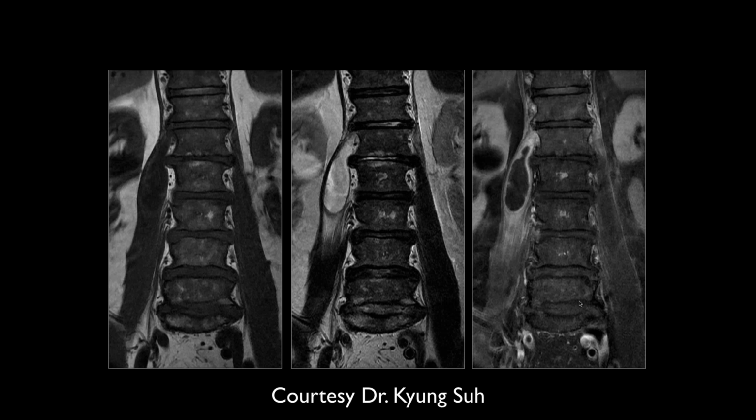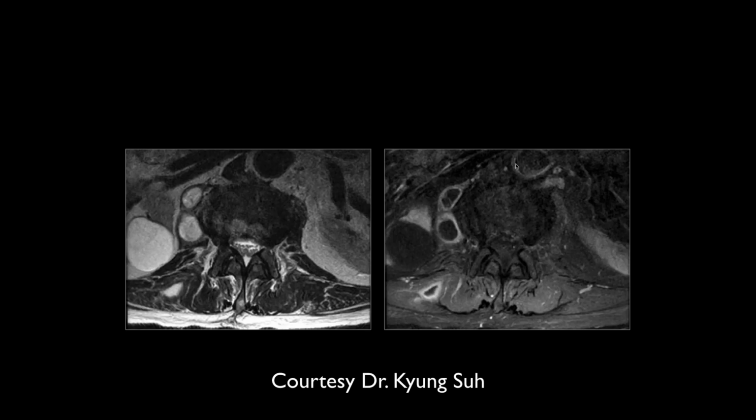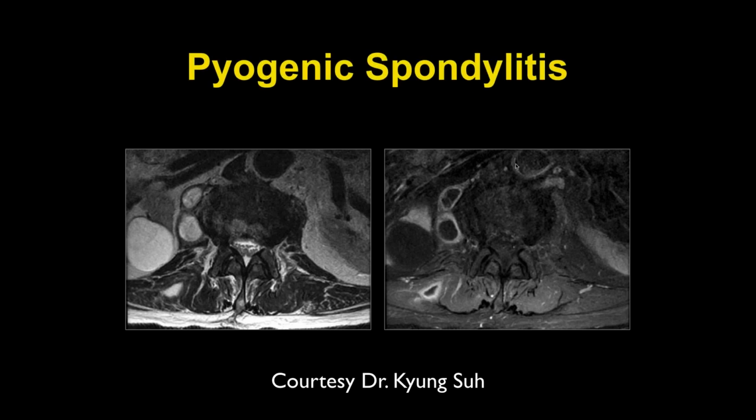And here in the right psoas muscle, looks like there's a big abscess. Similarly on the axial images. Yeah. So this was all a bacterial systemic infection, and these were different locations where they had abscesses and osteomyelitis that developed with a septicemia.